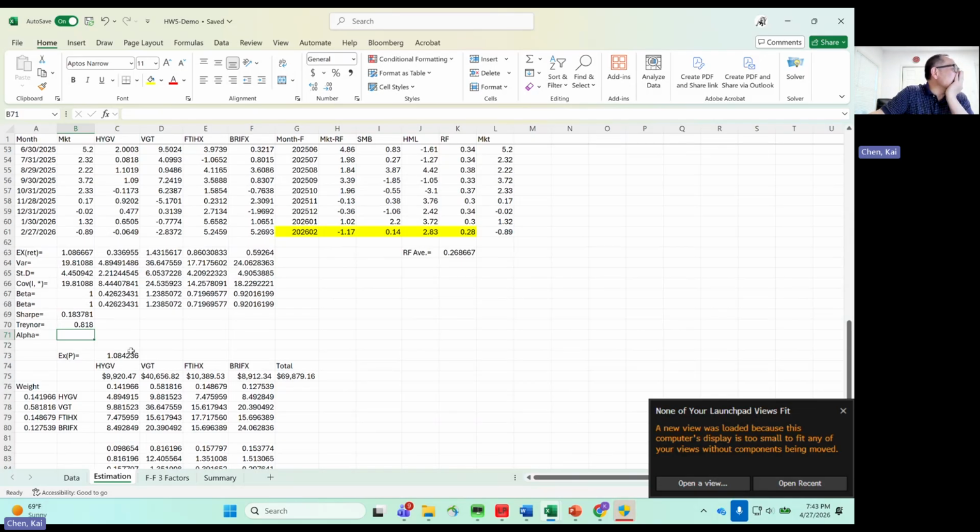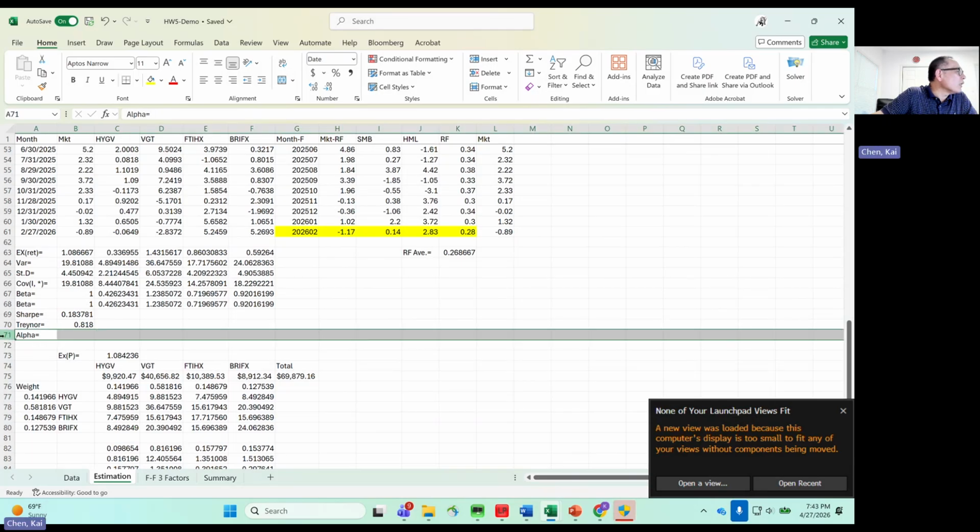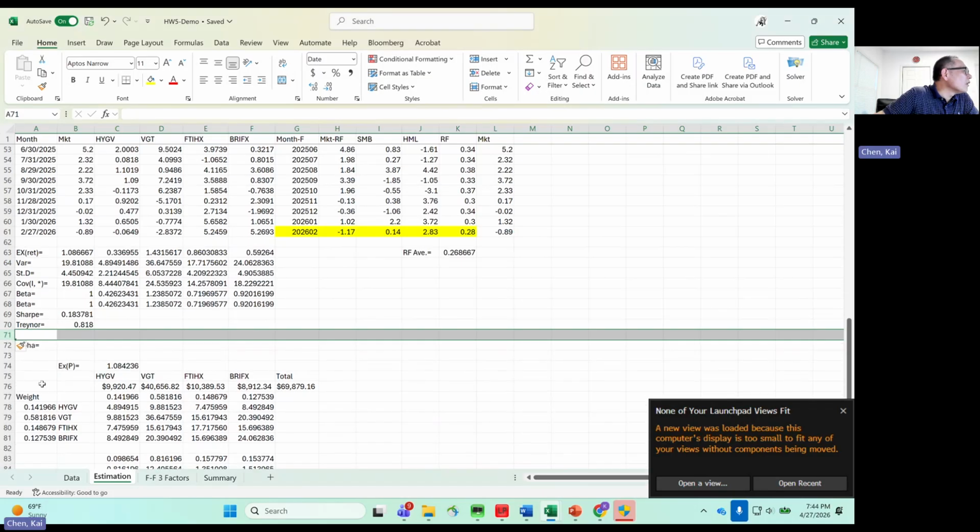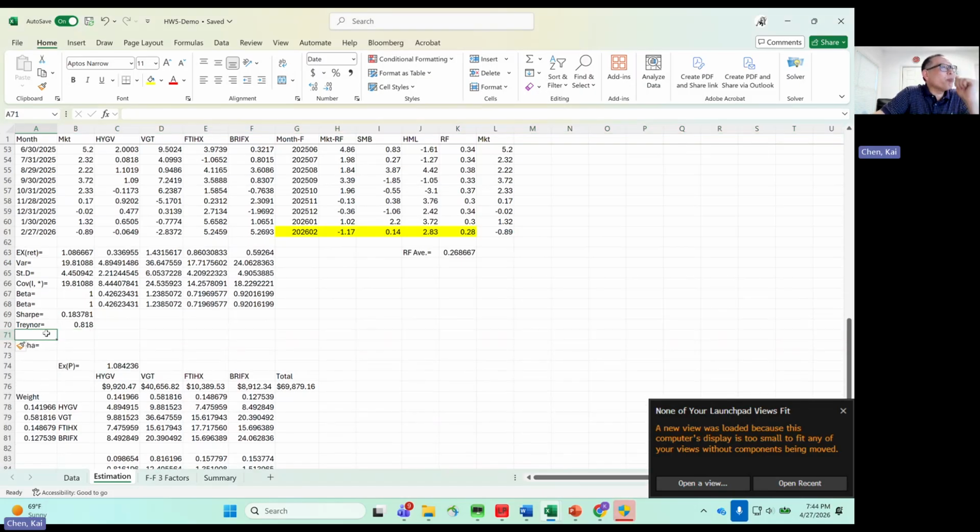In order to calculate Jensen's alpha, I calculate the expected return estimated with CAPM. So I name this one with this notation: Expected return for CAPM.